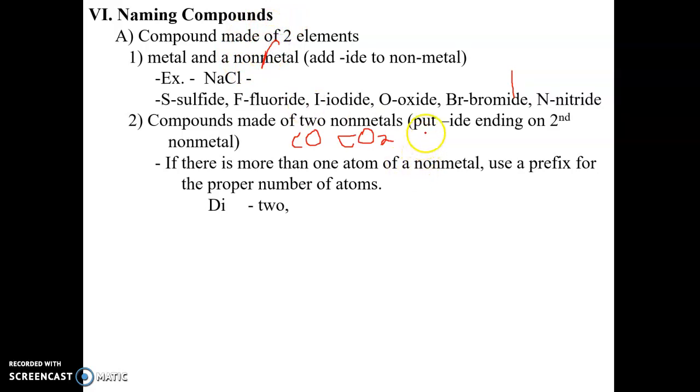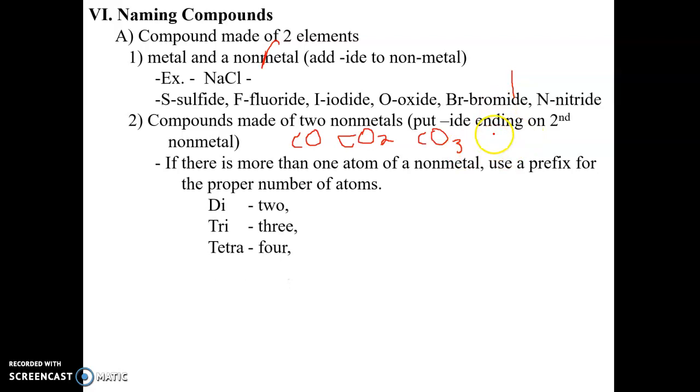Just for the record, say we had CO3, which we're not, there is no neutral compound with that, but that would be carbon trioxide. If there were four, then it would be called tetra.